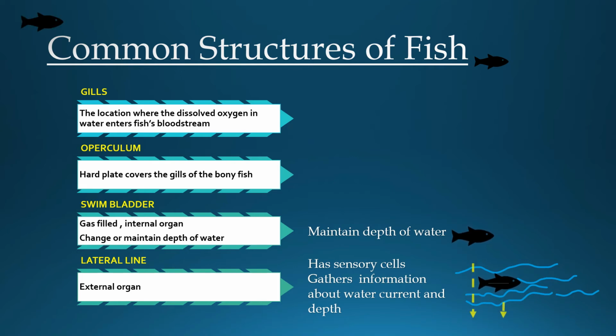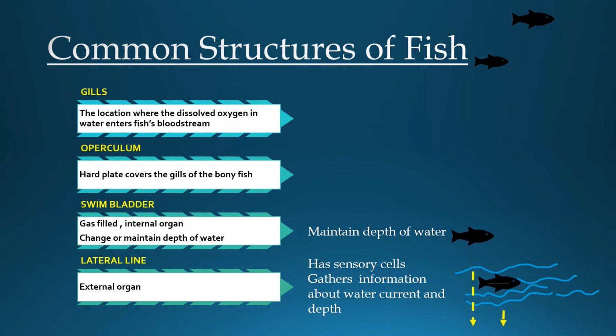The gills are the location where the dissolved oxygen in water enters the fish's bloodstream. It's like how we breathe in oxygen and exhale carbon dioxide. The fish breathe in the dissolved oxygen in the water through gills.